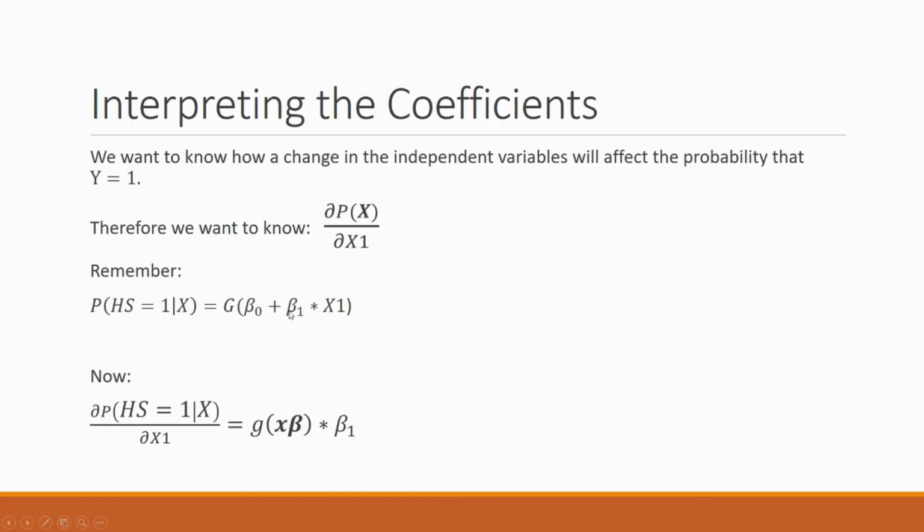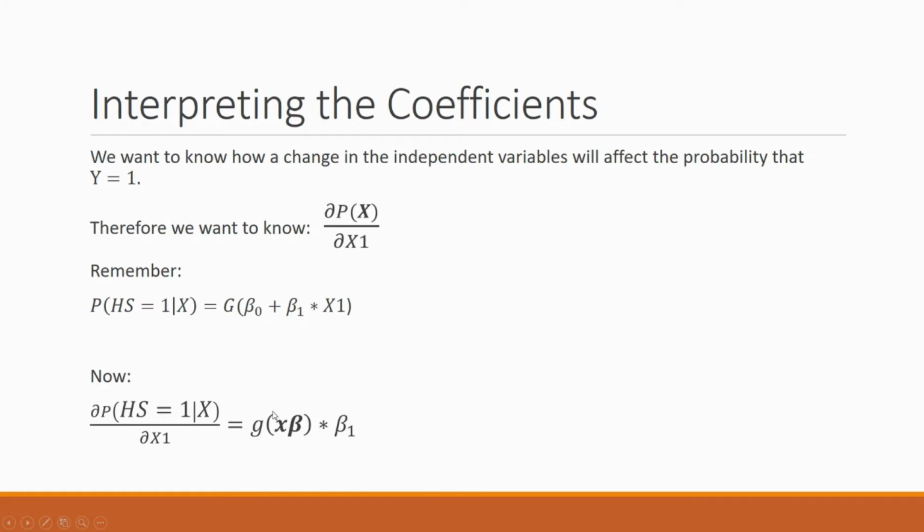So the change in the probability that the dependent variable equals 1, given a change in x1, equals beta 1 times this other function. If we took the derivative of just a linear function, with no g, we would get just beta 1.